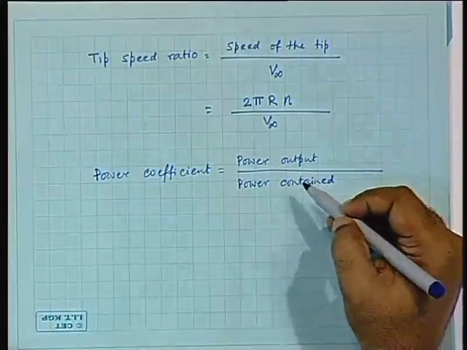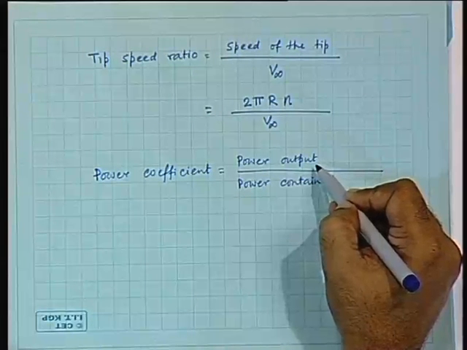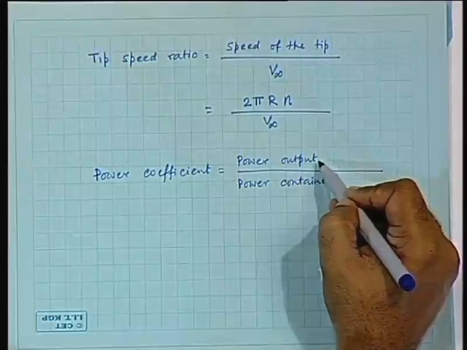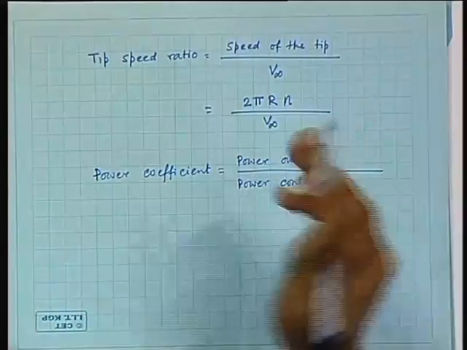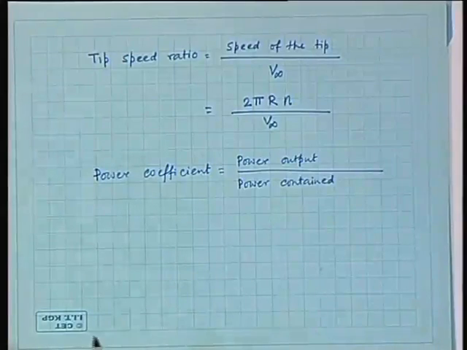The only distinction is that this power output is not the actual electrical power output of the whole wind turbine generator system. This is the aerodynamic power output. That means the power that has been converted from wind into the mechanical domain. Okay. So this is the power coefficient.